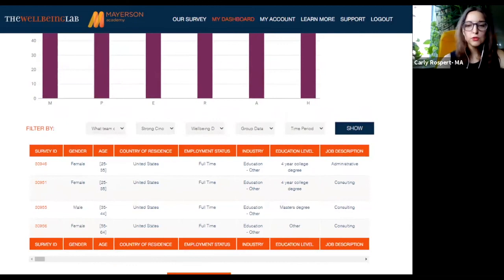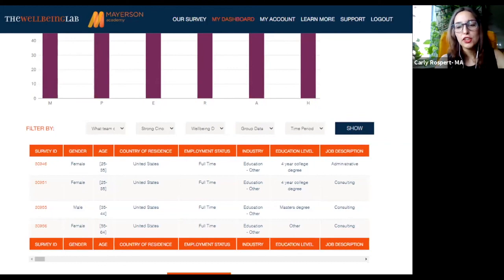So this will really allow you to play around with your data a little bit and start to uncover what are some patterns that might contribute to higher levels of well-being? Where are we seeing bright spots? Where are we seeing low spots? And what does that mean for the interventions that we might want to try as an organization?